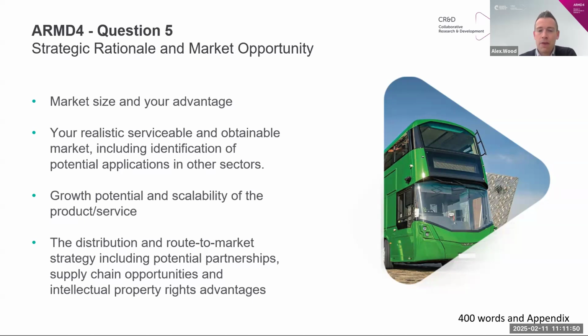You've really got to describe how you intend to take this product forward at the end. And emphasize any strong partnerships that you have, or intellectual property advantages that you might have. Support your strategy with evidence. That's a key point to demonstrate its feasibility for potential success.